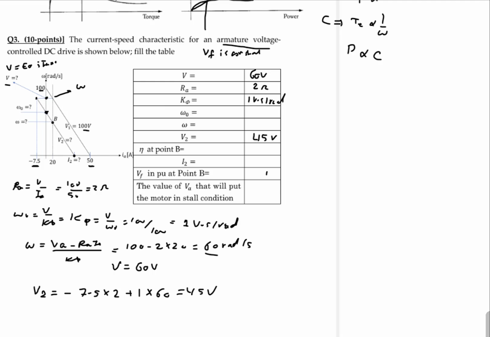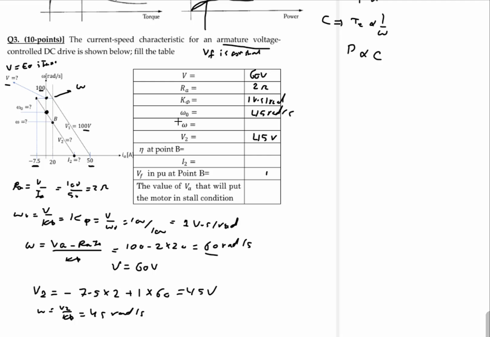Now this one here is easy to calculate because at this point we know that omega will equal V2 over K phi, and this will also be 45 rad per second. So the speed omega naught will also be 45 rad per second.